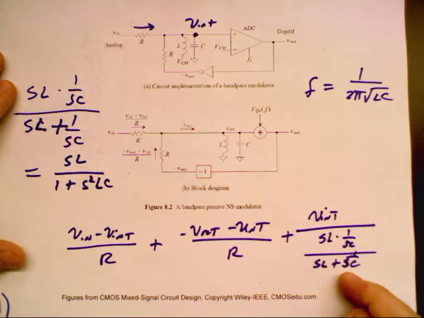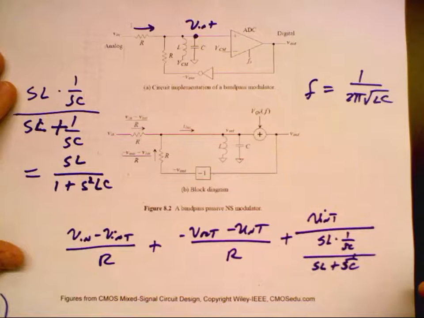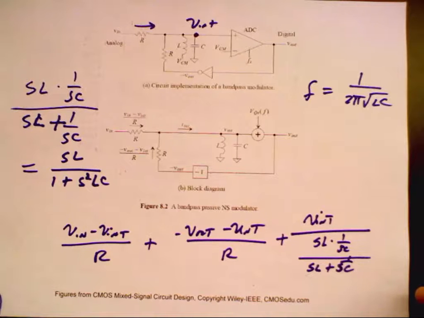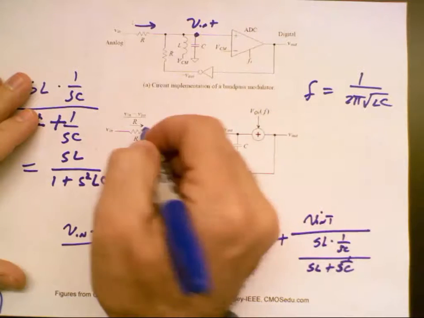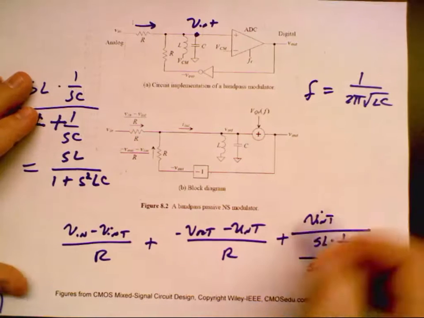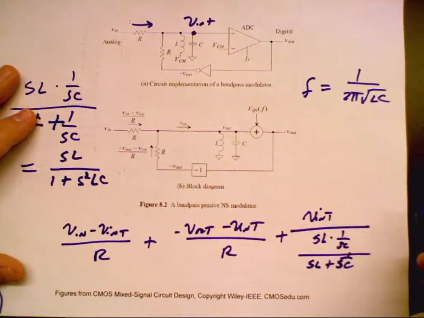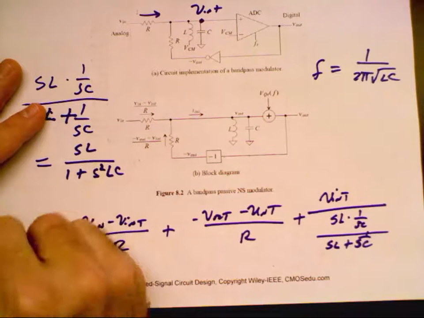Does anybody not understand? Okay, what do I do next to get to the transfer function? Because we've done this before. So we got this current plus this current equals the current through the resonator. So what now? I'll give you a hint. Something's equal to V out.